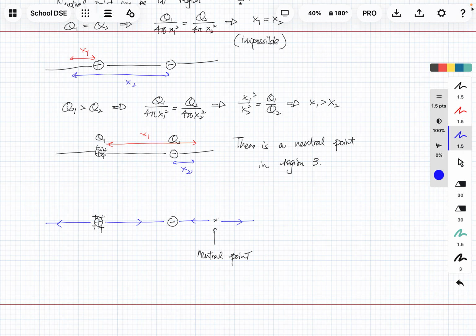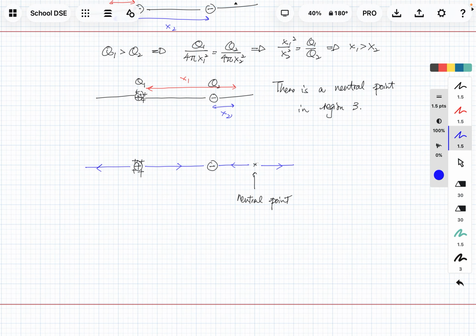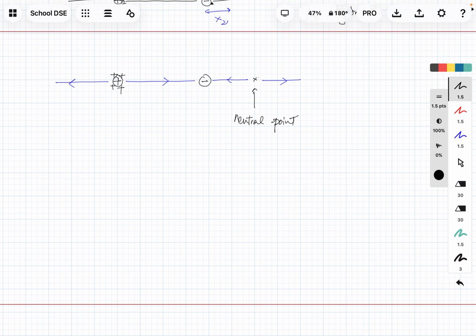So in principle, there is a magnetic field all over the region here, and the field goes out of the page, spreading out on both sides of the current. The direction is determined by the right-hand grip rule, while the magnitude is given by mu naught I over 2 pi r. Again, if you have just one current, there's no way you can have neutral points. But if you have two currents, then that is possible.